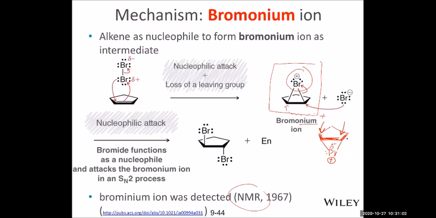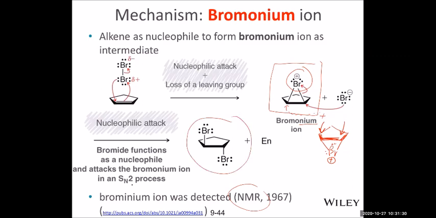But we can easily realize there are eventually only 2 products, because of the 4 possible products, 2 of them are the same, and the other 2 are the enantiomers. So that's how the bromonium ion attack gives you the anti-product. This explains why this reaction gives us an anti-product.